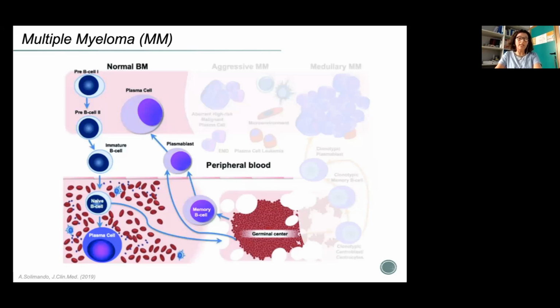Plasma cells are the final differentiation stage of the B lineage and are specialized in antibody production. The B cell maturation up to plasma cells requires several processes, the most characterizing of which is the rearrangement of the heavy and light chain genes of the immunoglobulin.